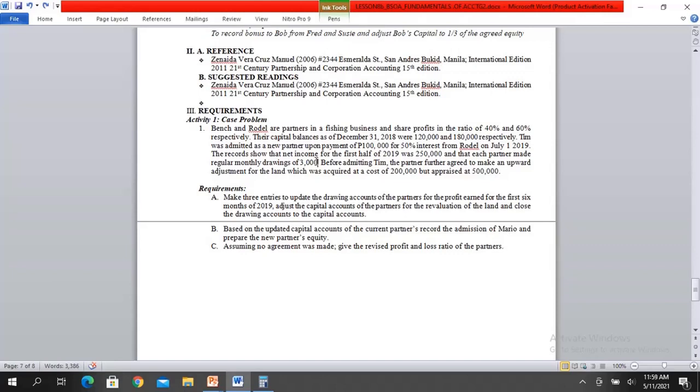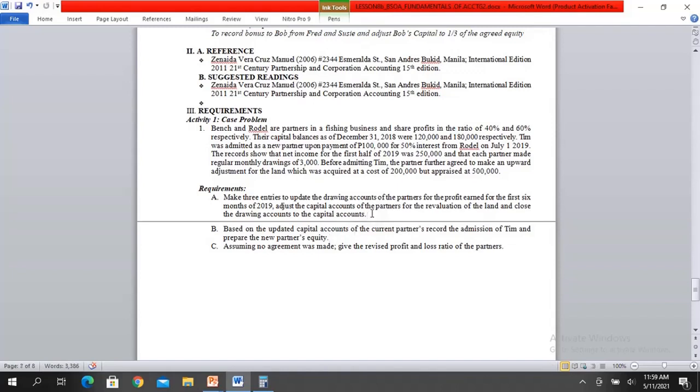Ayan. So, based on the letter B, based on the updated capital account of the current partner's record, the admission of Tim and prepare the new partner's equity. Ito dapat si Tim to. Record the admission of Tim and prepare the new partner's equity. Ayan.